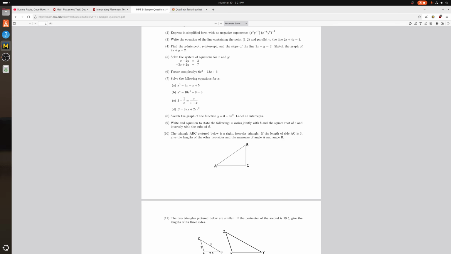Okay, that is a word salad. Holy shit. A varies jointly with B. It varies, so it's variably with B. So it's B, A, and the square root of C.